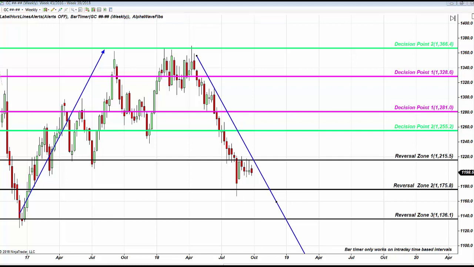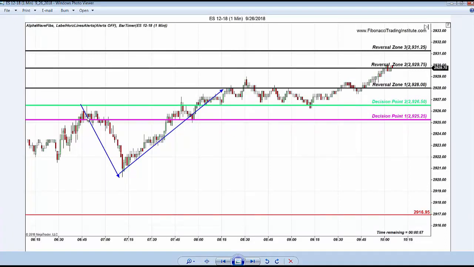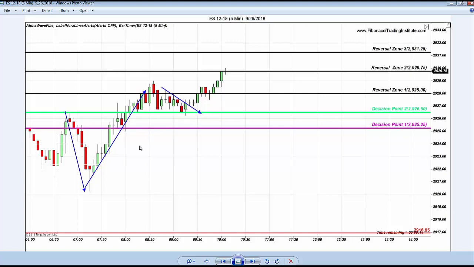This is exact same thing that happened on S&P 1-minute chart when price collapsed 15 minutes after market open. This is exact same thing on S&P 5-minute chart when price collapsed from decision point 2, just like gold.